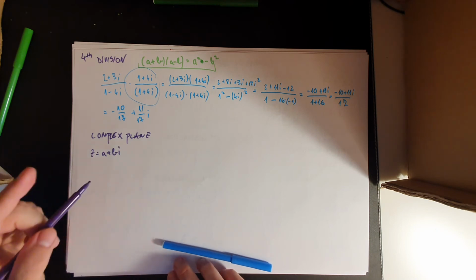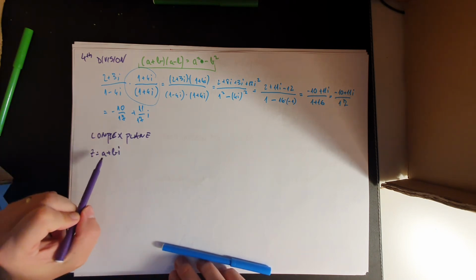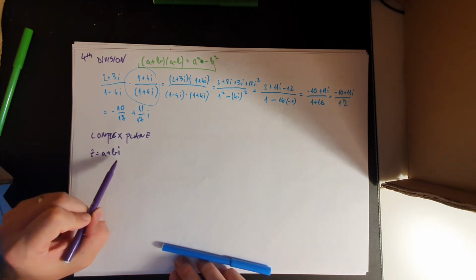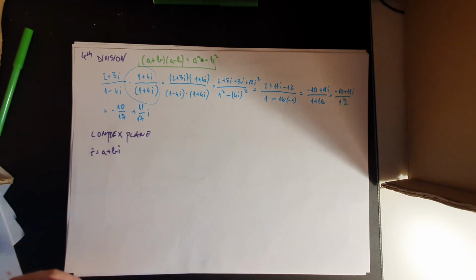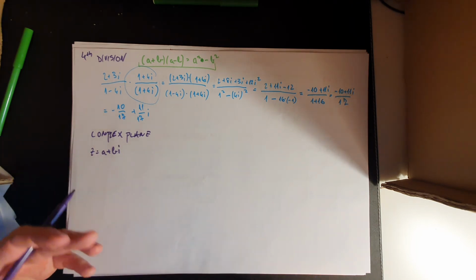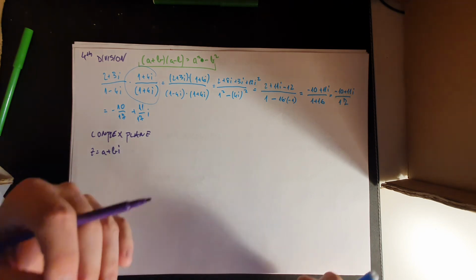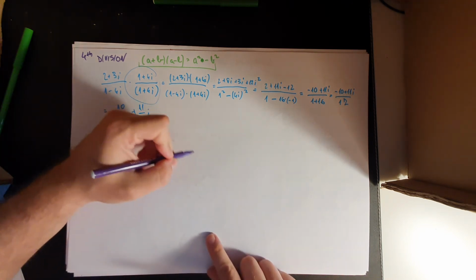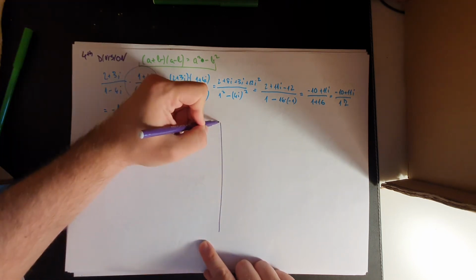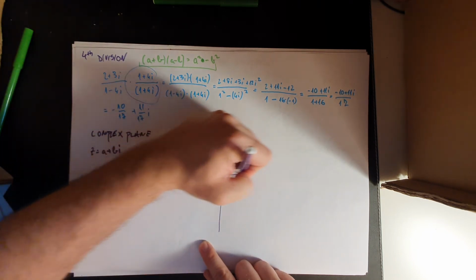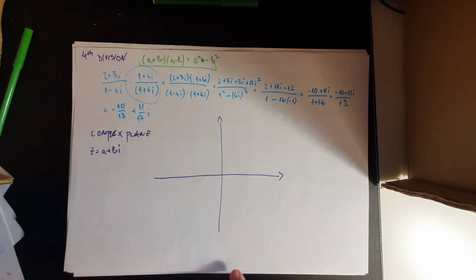Now, a complex number consists of two parts, real and imaginary. It means it works in 2 dimensions. One is going to be the real dimension, another is going to be the imaginary dimension. So what do we do? We use a system similar to a coordinate system.